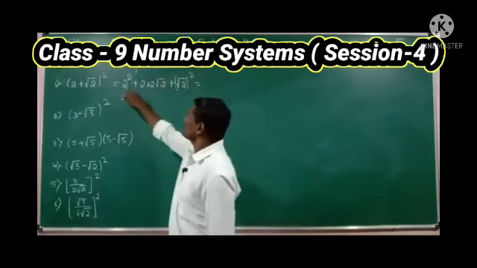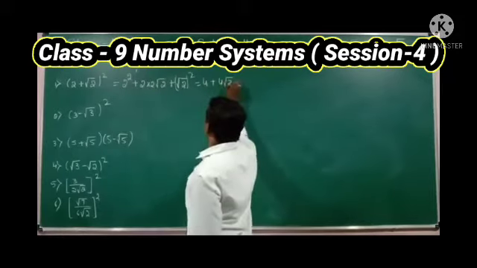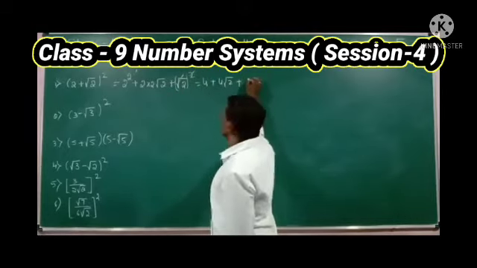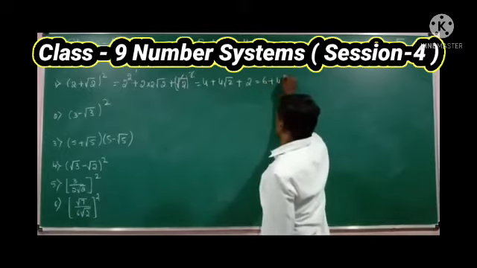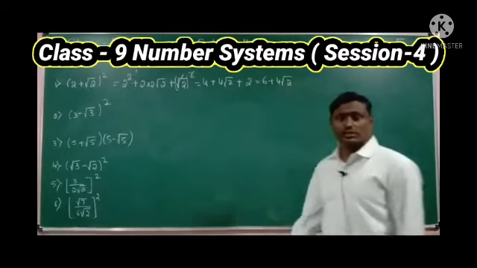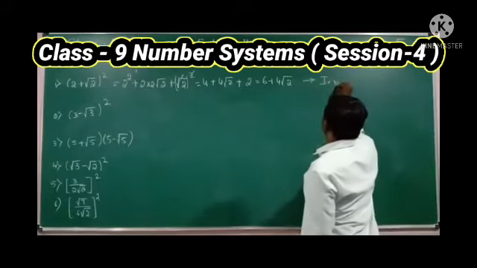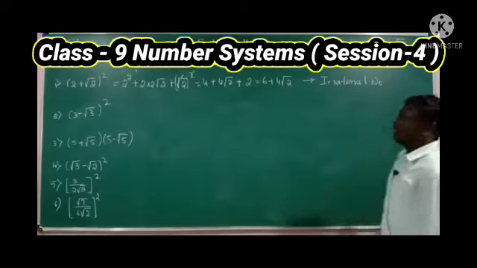How can you write this? 2 square is 4, 2 2s are 4 root 2, plus square and root get cancelled, remaining 2. It means 4 plus 2 is 6 plus 4 root 2. So is this a rational or irrational number? Irrational number. Okay.